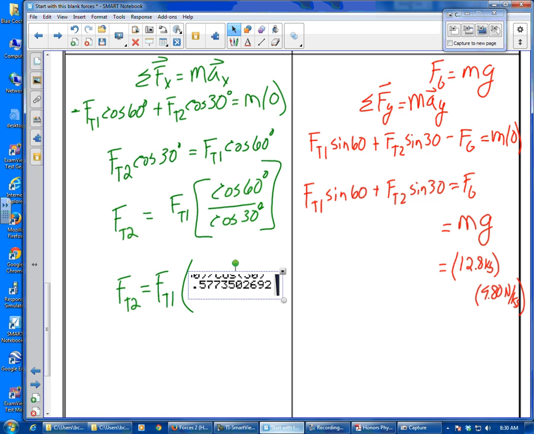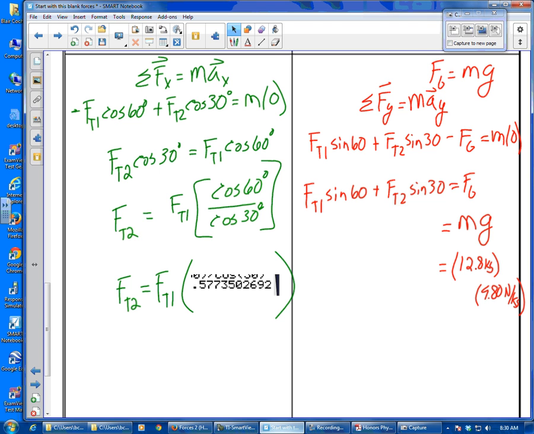So it's 0.57735. That times T1 equals T2. So which one's bigger, T1 or T2? T1 is bigger, right? T2 is about half the size of it. So now I'm going to use that over here and substitute in that for T2.